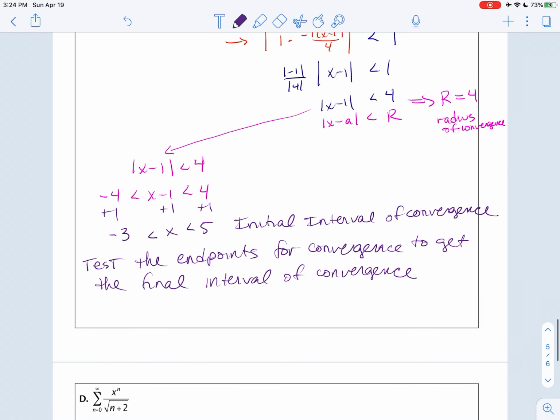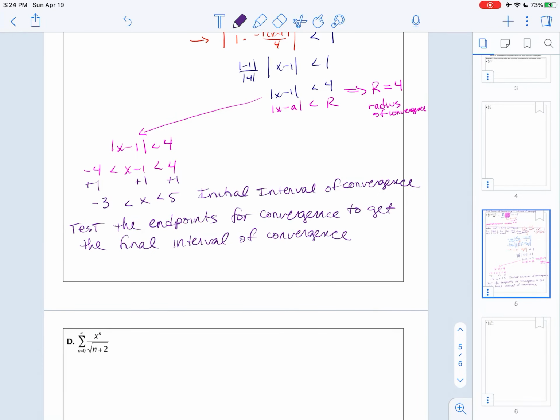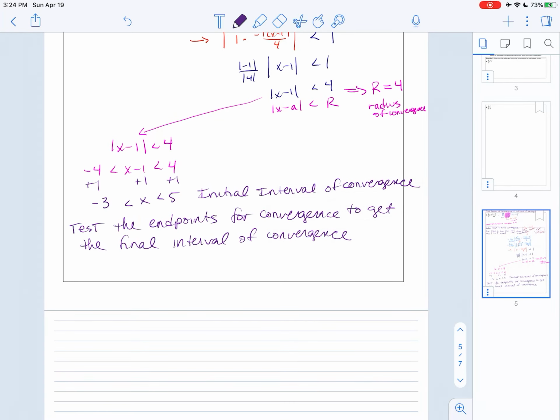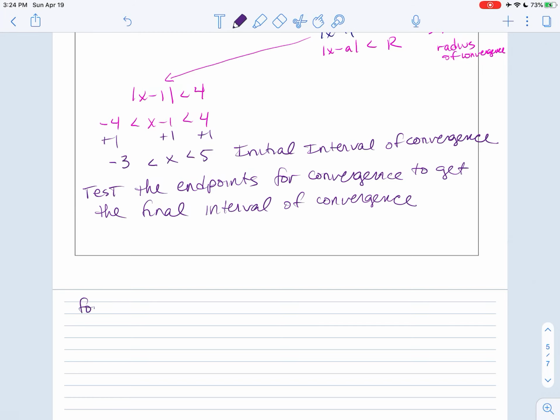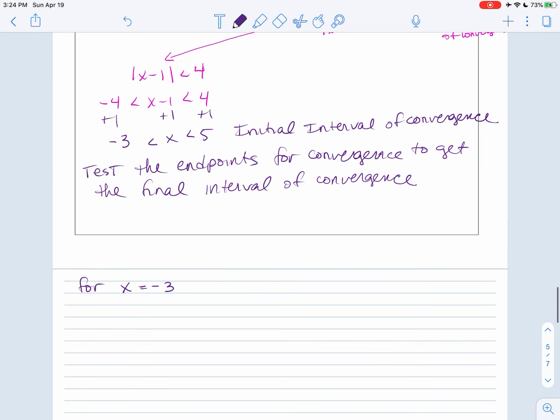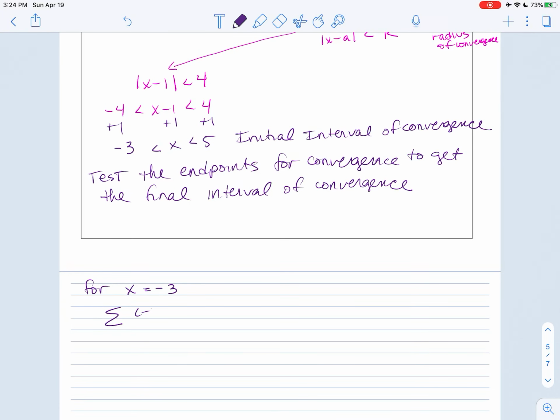And this is where we go back to all of our series tests. I'm going to add a page here, and I'm going to test my interval of convergence. So for x equal to negative 3, I'm going to take my sum of minus 1 to the n times x minus 1 to the n over n squared times 4 to the n from n equal 1 to infinity.